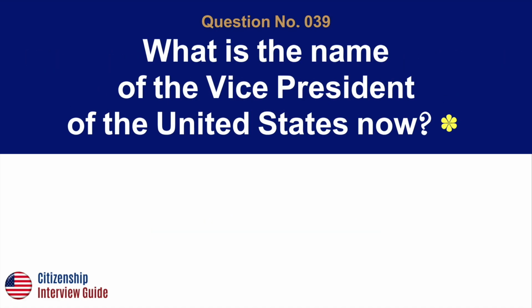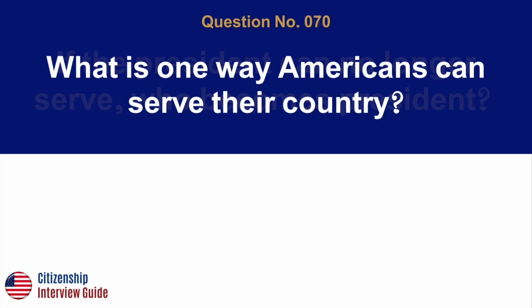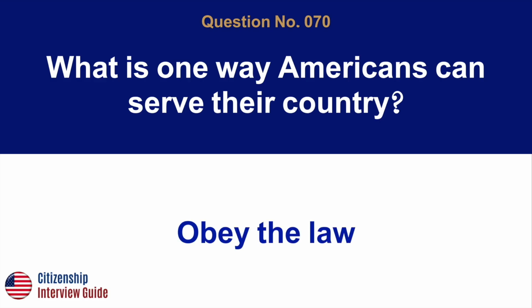What is the name of the Vice President of the United States now? J.D. Vance. What is one way Americans can serve their country? Obey the law.